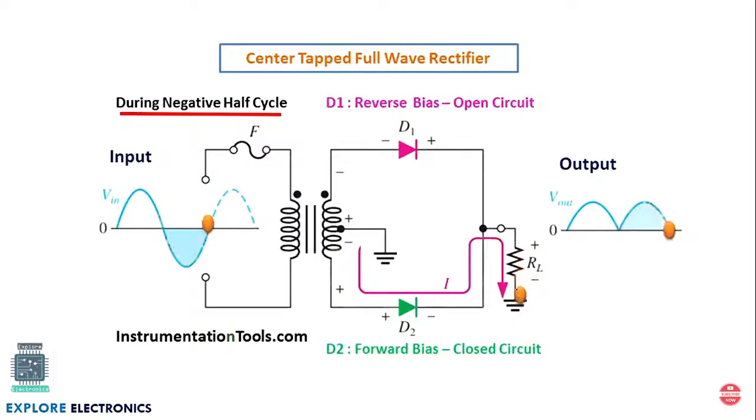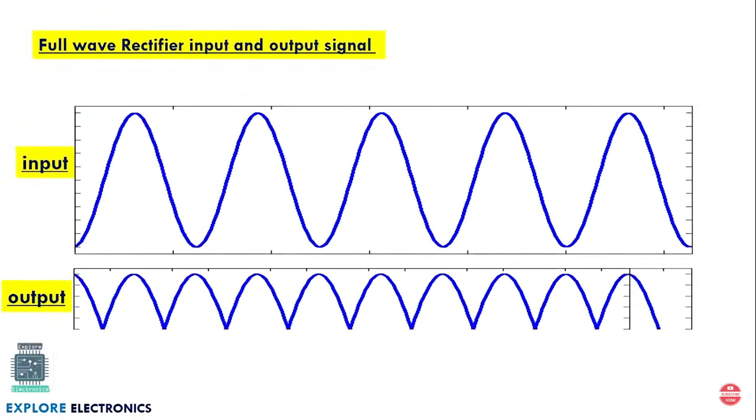Here the circuit is modified to make it easier to understand. You can observe the current flowing through RL in the same direction as in the positive half cycle of the input. That's why we are going to get the same peak value even in the negative half cycle of the input. This is the advantage of the full wave rectifier. We are going to get one more signal in the negative half cycle also, so that we get a better DC output. This is the output of a full wave rectifier.